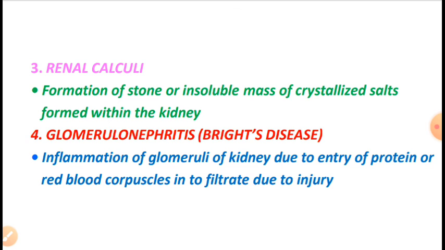Renal calculi is the formation of stone or insoluble masses of crystallized salts, and glomerulonephritis is inflammation of the glomeruli of the kidney. So these situations are observed in the human body, and these disorders are related to the human excretory system.